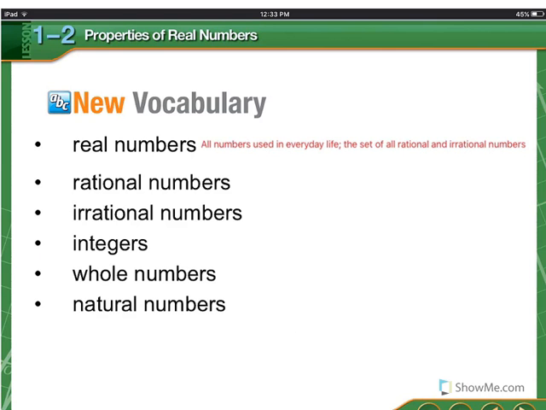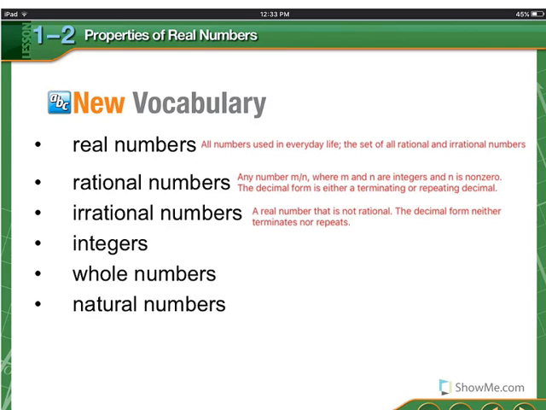So here's the definitions. Real numbers are all numbers used in everyday life, the set of all rational and irrational numbers. Rational numbers are any number m divided by n, where m and n are integers and n is non-zero. The decimal form is either a terminating or a repeating decimal. An irrational number is a number that is not rational. The decimal form neither terminates nor repeats.